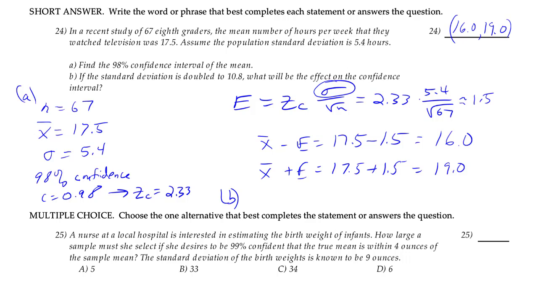So you're going to be making the margin bigger. So you're going to be making these numbers twice as big here. This will widen the confidence interval.